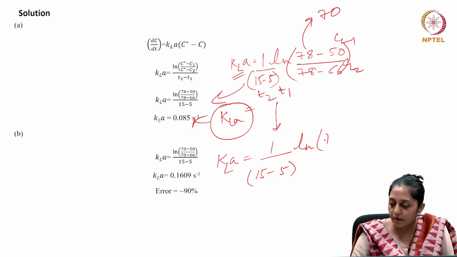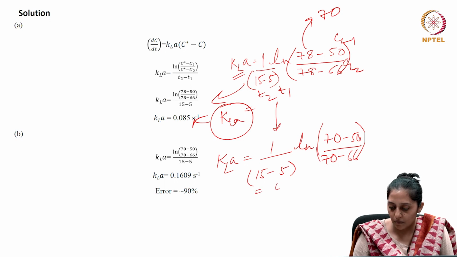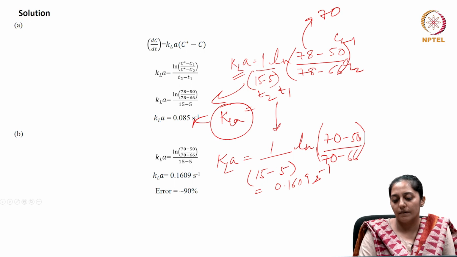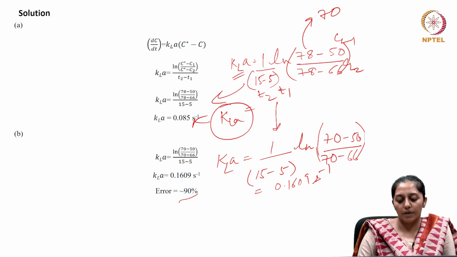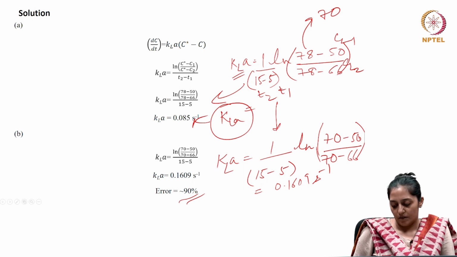So, here it becomes 70 minus 50 divided by 70 minus 66, which comes out to be 0.1609 second inverse. So, if the difference is calculated in terms of percentage, it comes out to be 89 point something. So, it has been shown as nearly 90%.